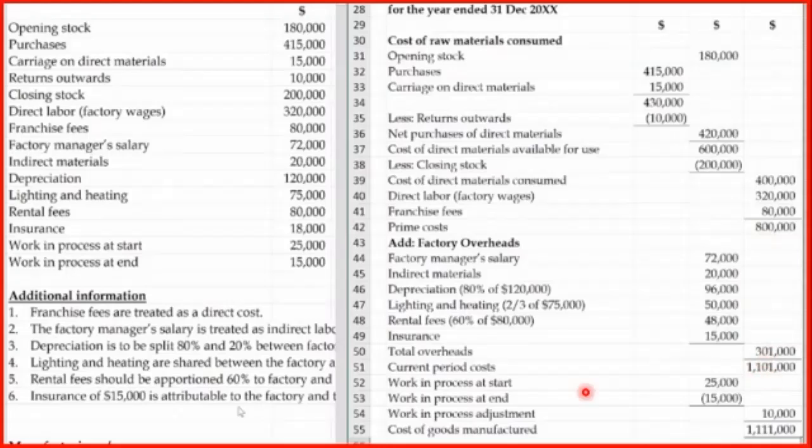Next, we have what is called work in progress. Now, all factories have work in progress because at the end of a day, some of your goods are still in process. It looks something like your SBA. If you start your SBA yesterday and you work on some of it, it's a work in progress.